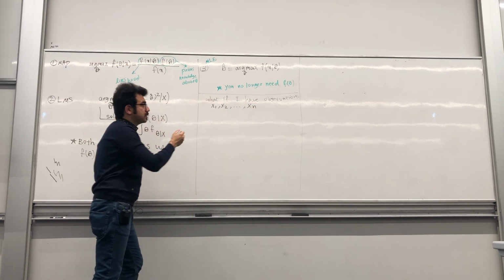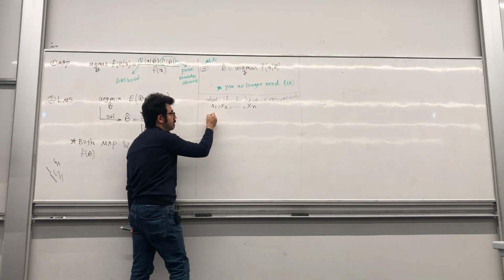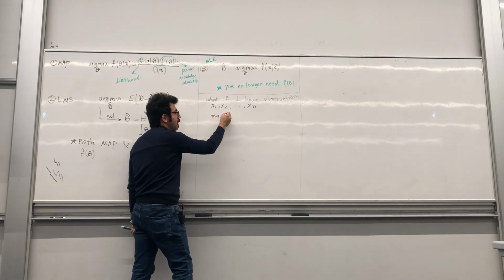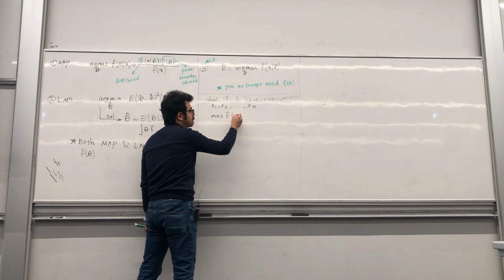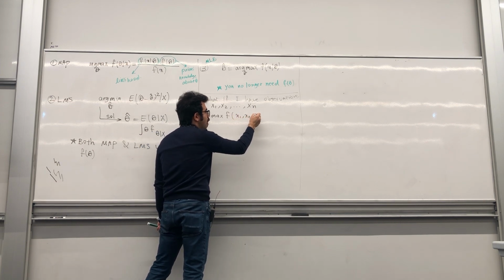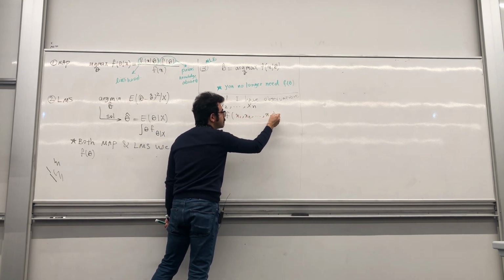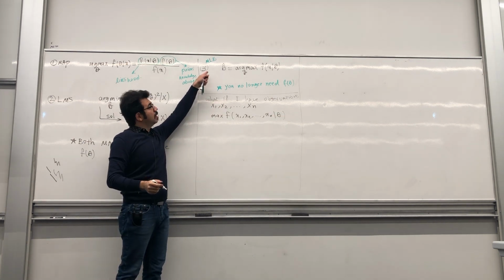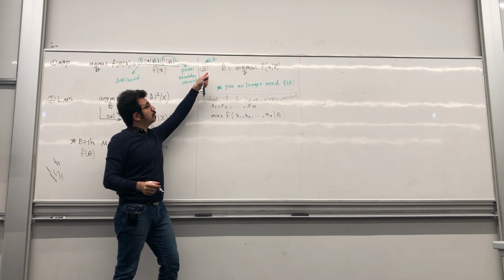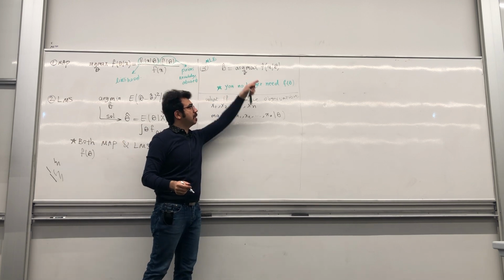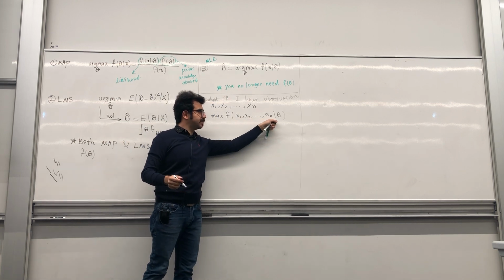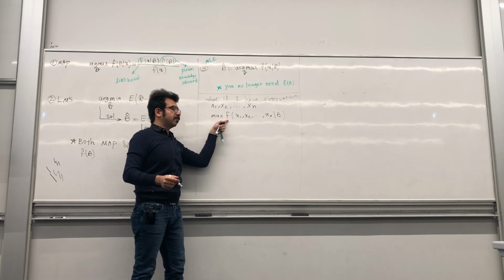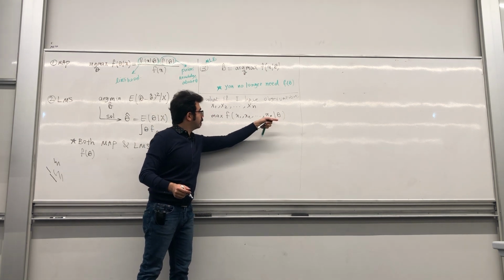Then in this case, you need to maximize f of x1, x2, up to xn conditioned on theta, the likelihood. Because for the MLE method, you are trying to maximize the likelihood. If you have n observations, this is the formula for the likelihood, right?